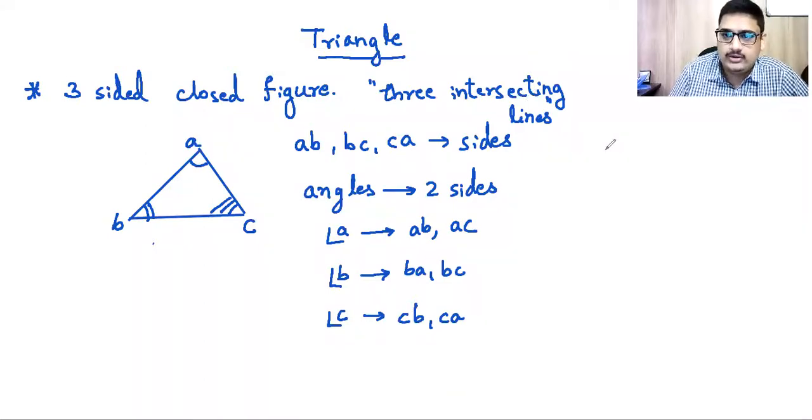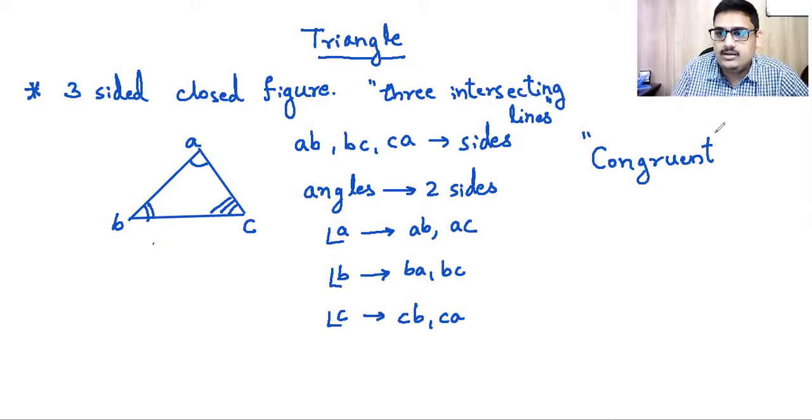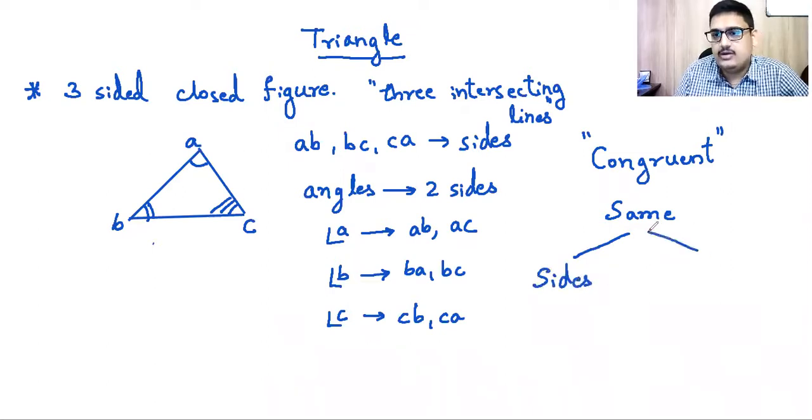Before going into that part, I will tell you the meaning of congruent. Congruent means everything is the same. With respect to triangles, we have to speak about sides and angles.